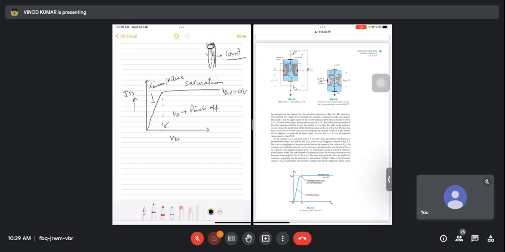Understand कि ये saturation में कैसे गया?